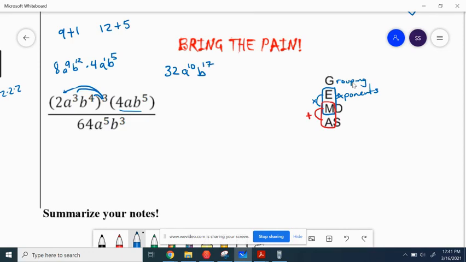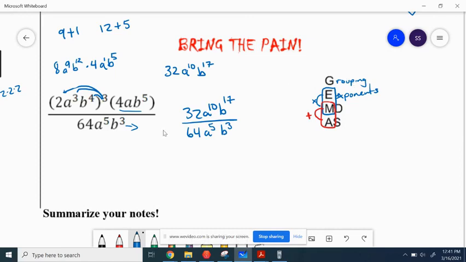So that's my numerator. I'm going to put this right down here: 32 a to the 10th over b to the 17th, all over 64 a to the 5th times b to the 3rd.